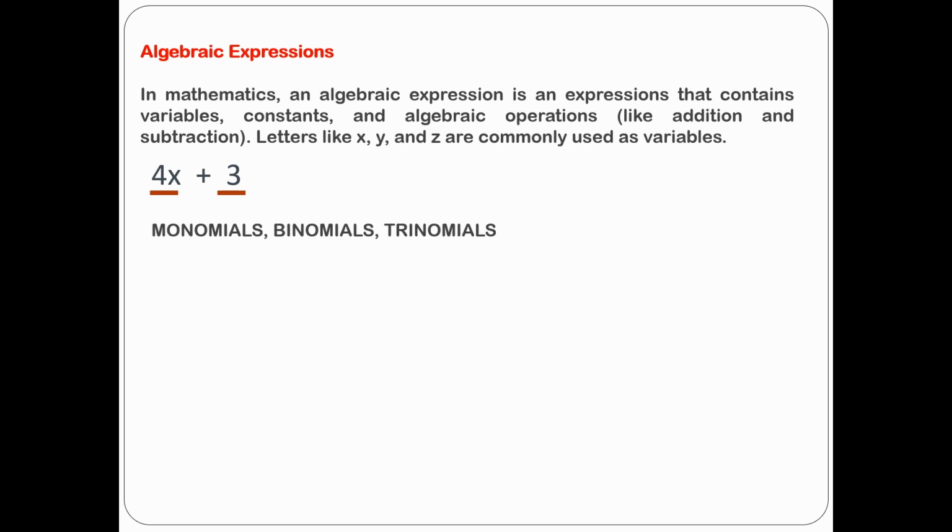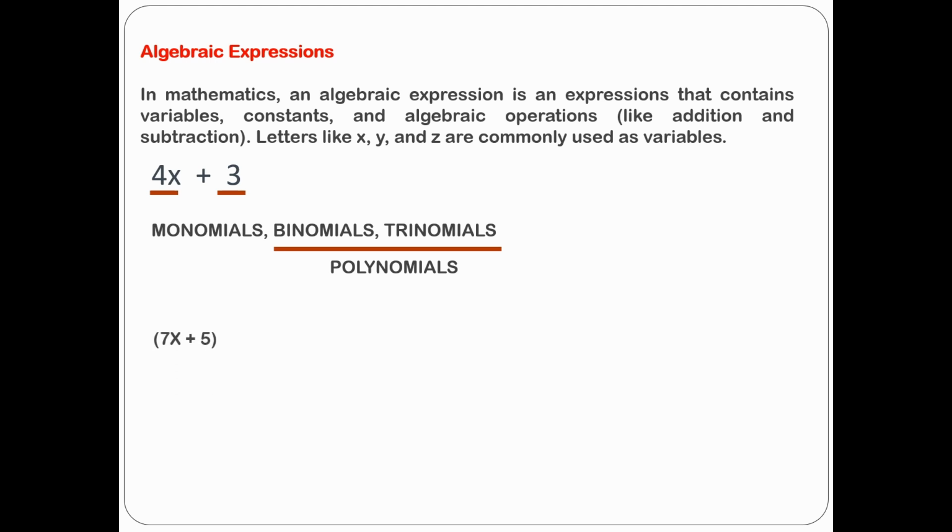But binomials and trinomials can be called polynomials because an algebraic expression with more than one term can be called a polynomial. Now we are going to discuss how to add and subtract like terms.